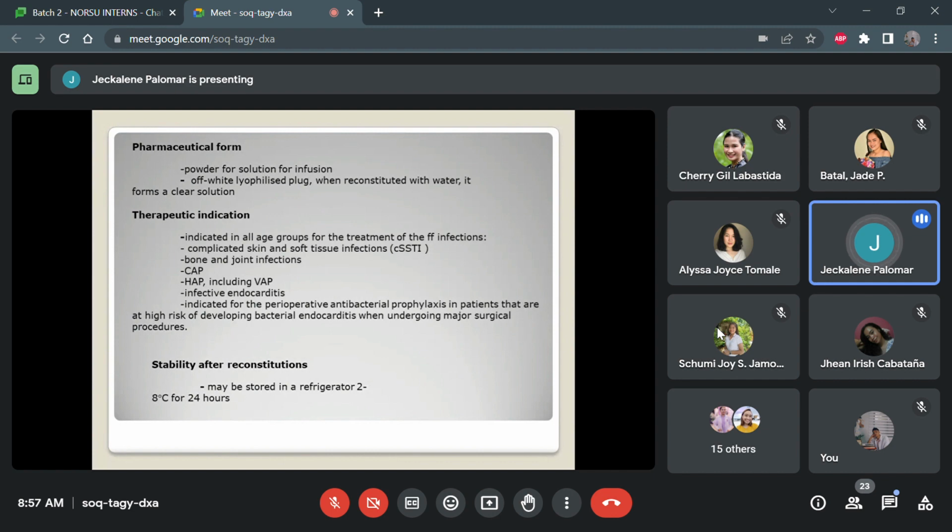The therapeutic indications: it is indicated in all age groups for the treatment of complicated skin and soft tissue infections, bone and joint infections, CAP, community acquired pneumonia, HAP, hospital acquired pneumonia, including VAP, ventilator associated pneumonia, and infective endocarditis. It is also indicated for perioperative bacterial prophylaxis in patients at high risk of developing bacterial endocarditis when undergoing major surgical procedures.